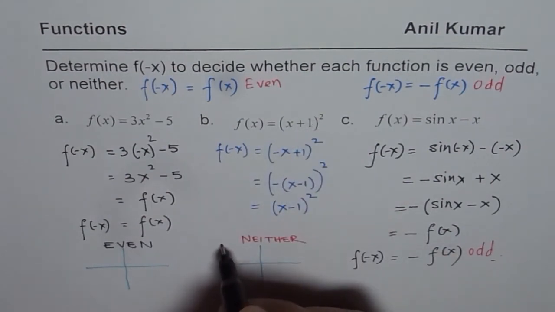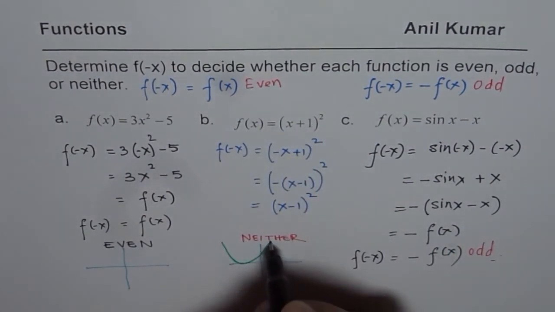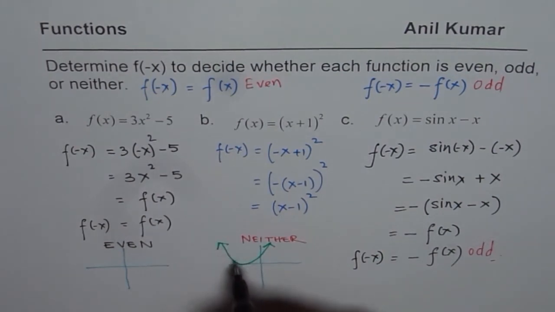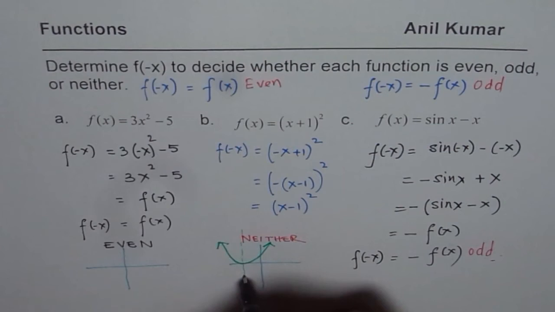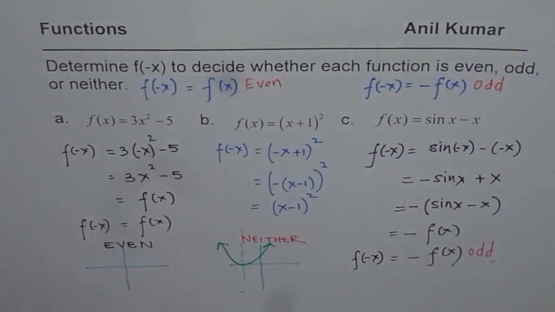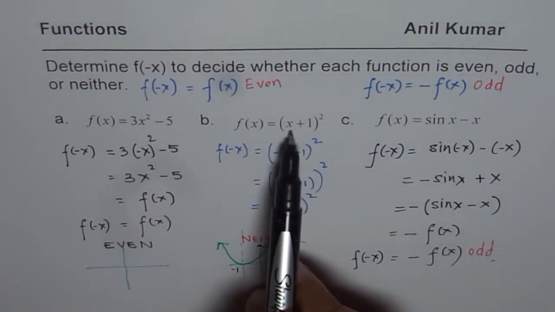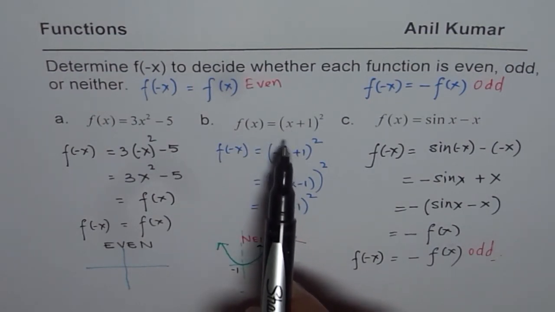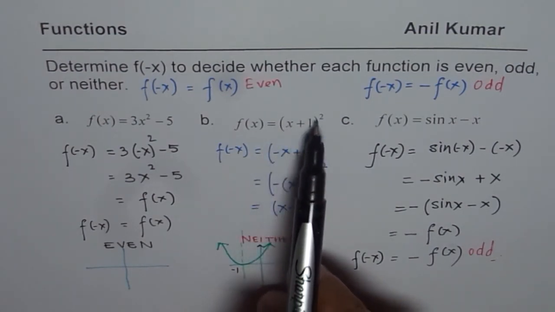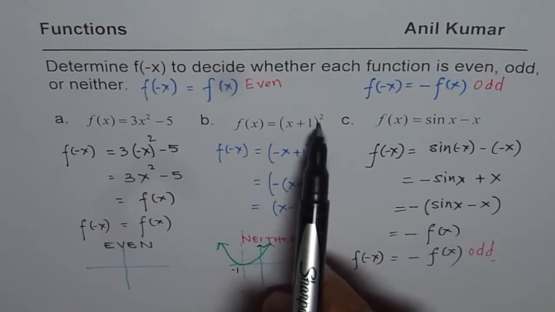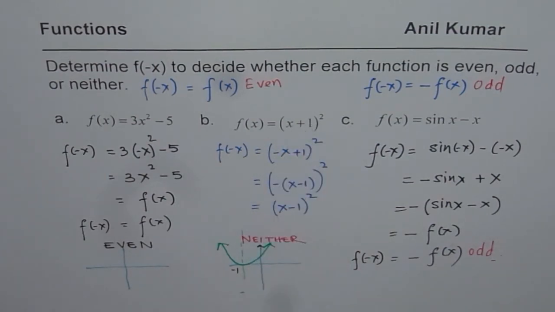So I could make a graph here, a parabola going like this, right? You see this parabola is symmetric about the axis of symmetry here, which is x equals minus 1, not the y-axis, and therefore it is neither. So that is a horizontal translation. Whenever there is a horizontal translation of an otherwise even parent function, it becomes neither, you understand?